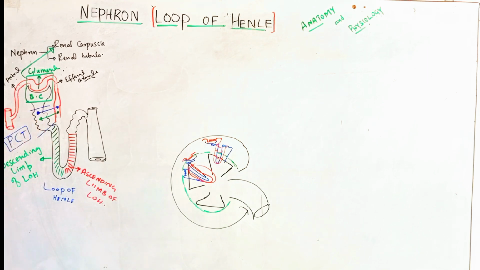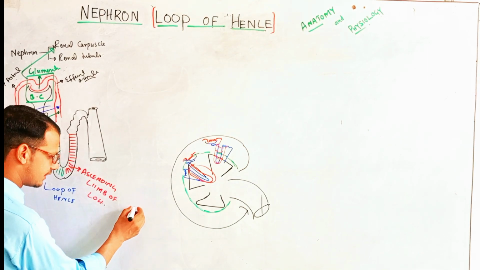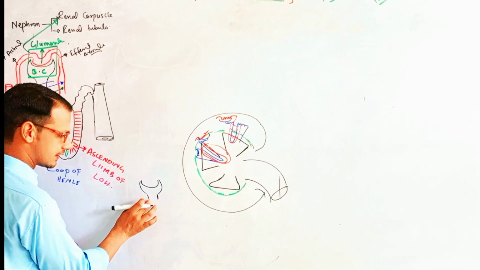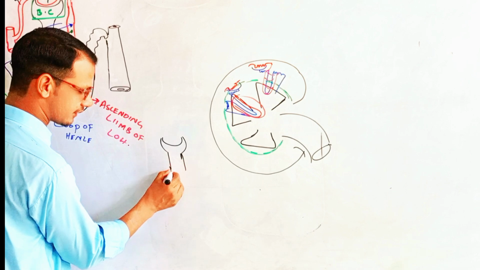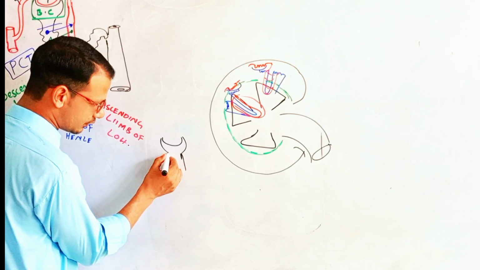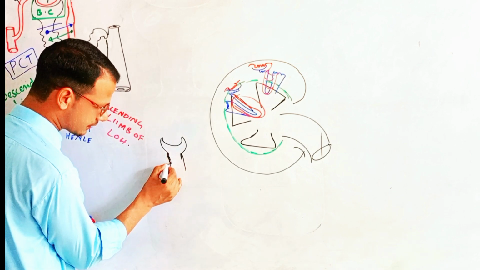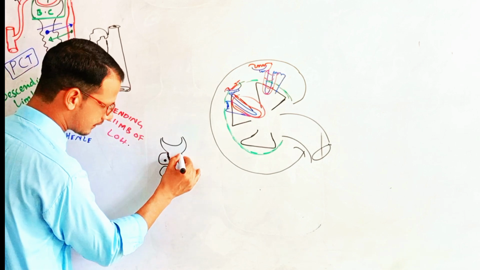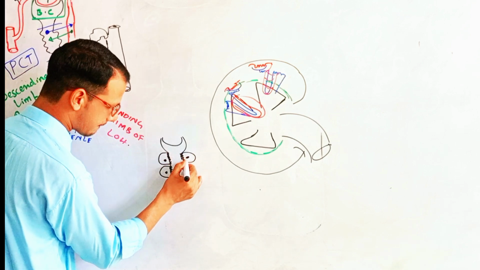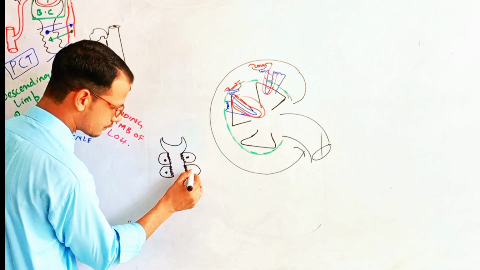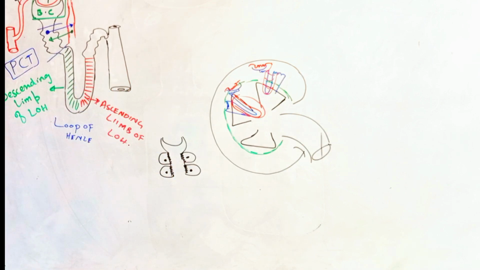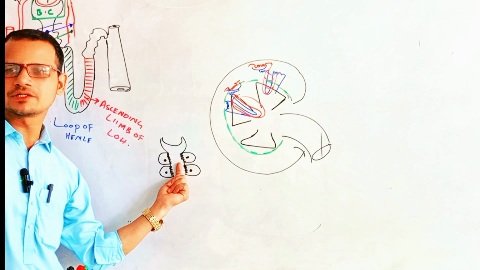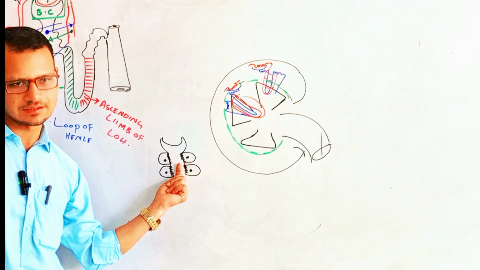The main difference is, for example, here we have, this is Bowman's capsule, this is proximal convoluted tubules, and I have told you that it has brush borders like this. They have brush borders on the lumen side of the nephron for increasing the surface area of the cells, right?